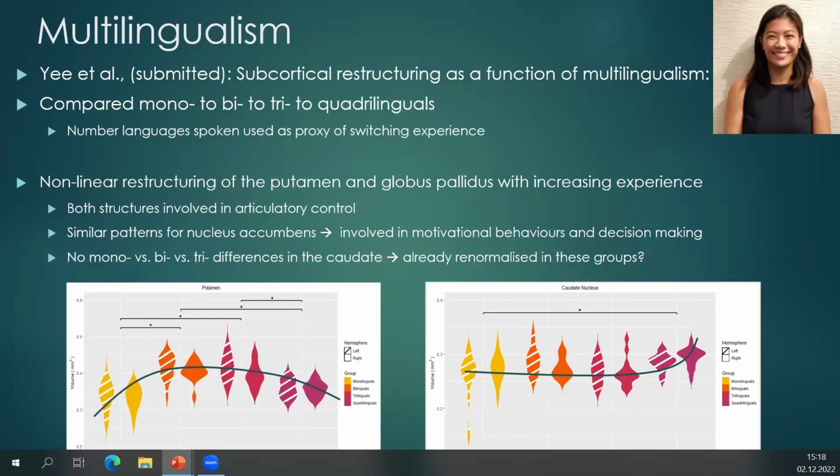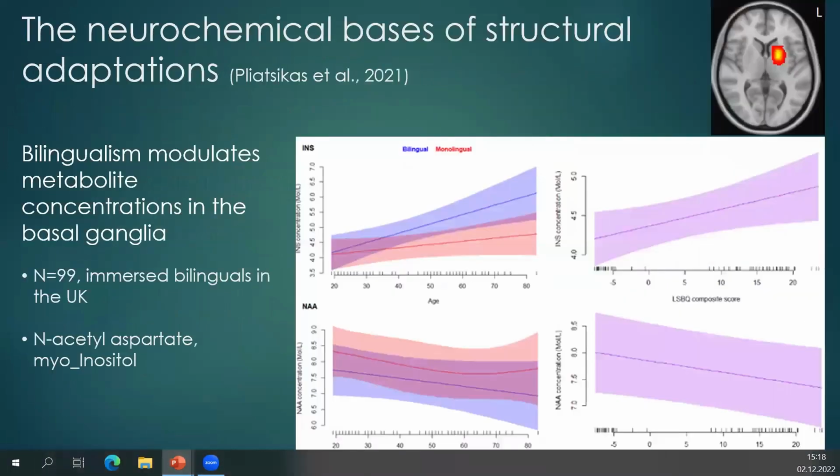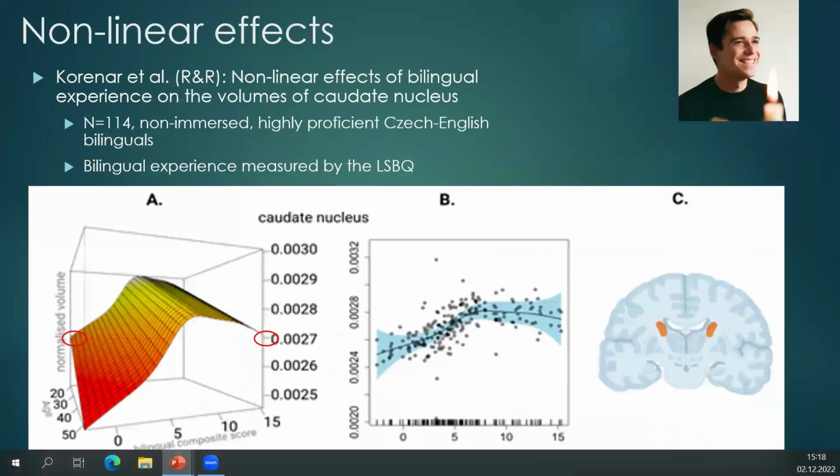Okay, maybe, so this is the putamen, which shows a similar pattern to this one, right? You start with limited experience or no experience of switching between languages, which is monolingual, let's say. And then with increased experience, you get this nonlinear effect. In the multilingualism study, I assumed that as the languages increase, so does the experience.